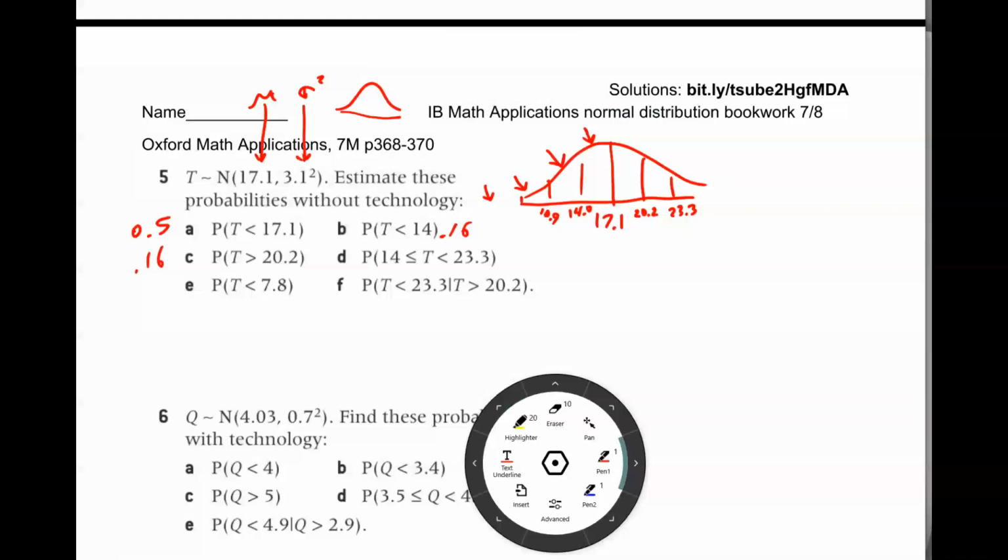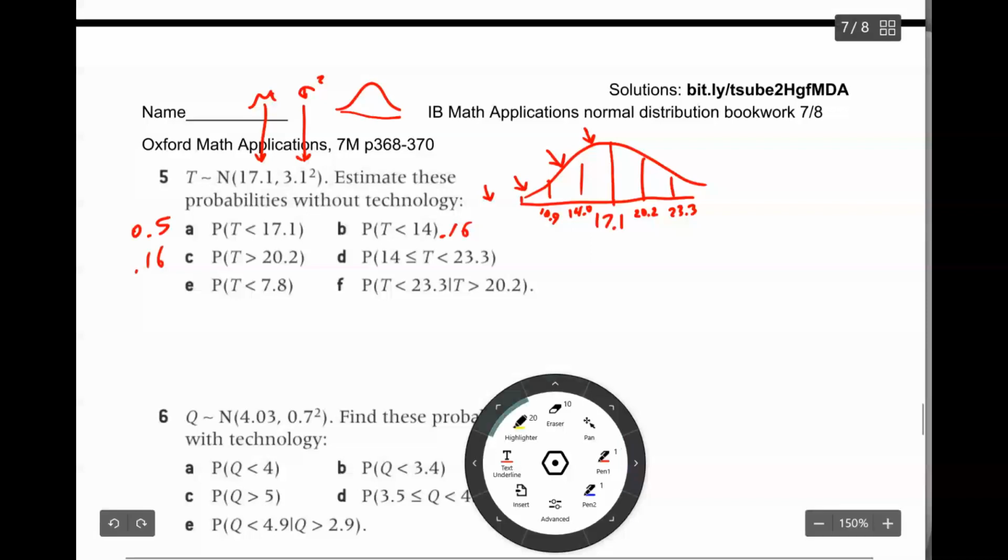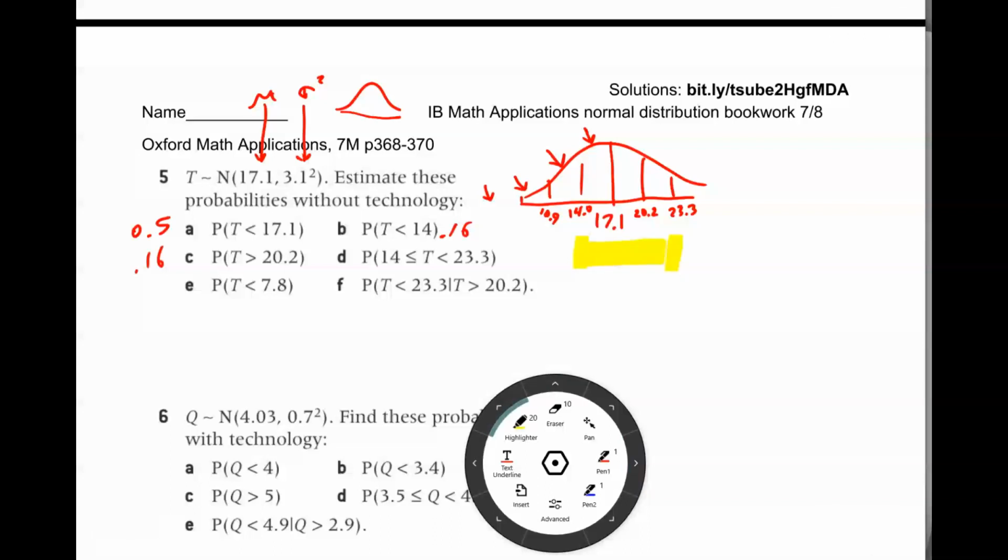D, probability that T is between 14 and 23.3. So 14 is here, and 23.3 is here. That looks like it would be 34 plus 34, which is 68, plus 13.5. So 68 plus 13.5 would be 81.5.